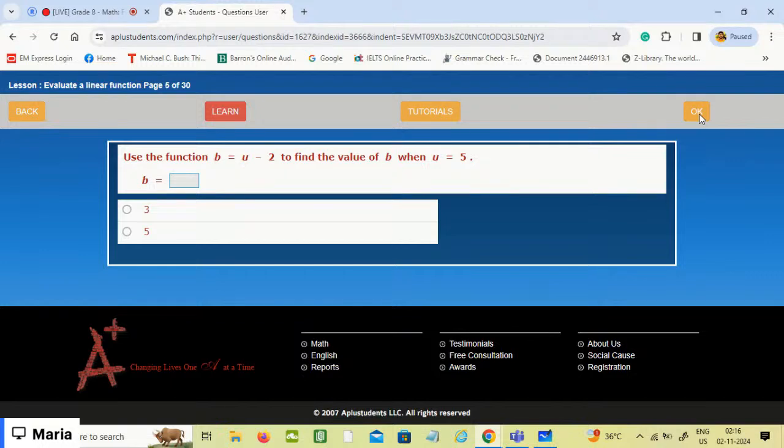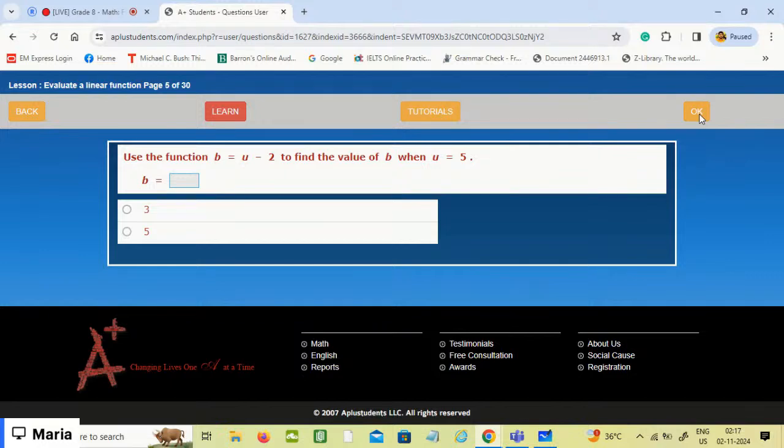Use the function b equals u minus 2 to find the value of b when u equals 5. So which is the correct option? You need to replace u by 5, right? So that would be 5 minus 2.